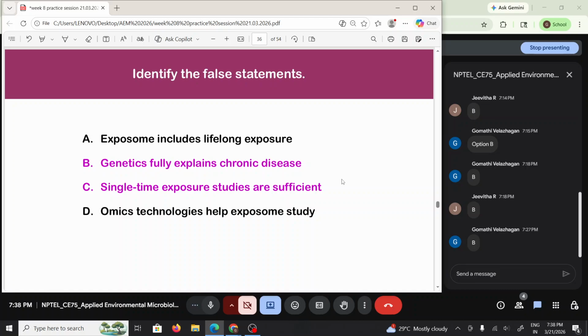When we expose a microorganism to some conditions and check its genomics, proteomics, transcriptomics, metabolomics, etc., we can integrate all the results and see what exactly is happening in the system.